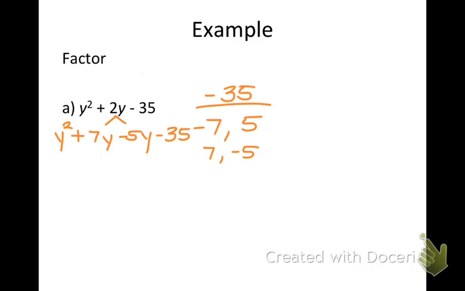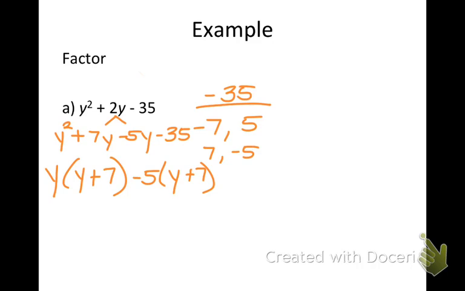In your homework, when you had 4 terms, we grouped them by the first 2 and the last 2 terms. What's the GCF of the first 2 terms? Y. If I factor out a y, I'm left with y plus 7. What's the GCF of the last 2 terms? Negative 5, which gets me to y plus 7. So what's the GCF of the first and the last?